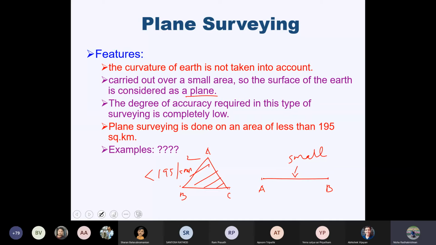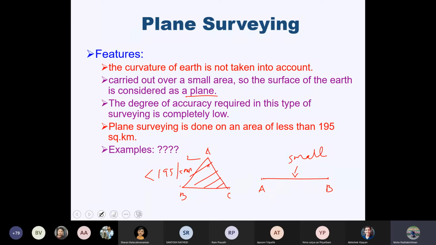Now can you just give me some examples of plane surveying that you have come across? Chain surveying. Okay. Then? Plane table, ma'am. Plane table. Okay.